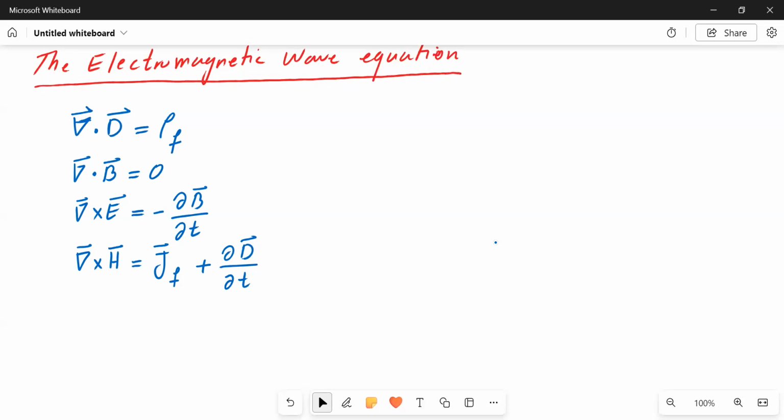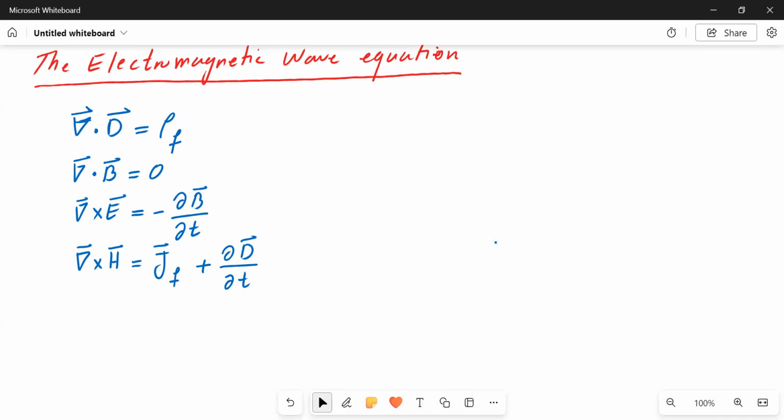They are all based on experimental facts. They are all independent of each other, meaning that any of these equations cannot be derived or found from the other equations. So they are completely independent equations, but they all form this neat, compact package all together.